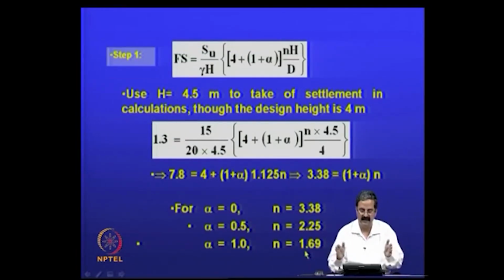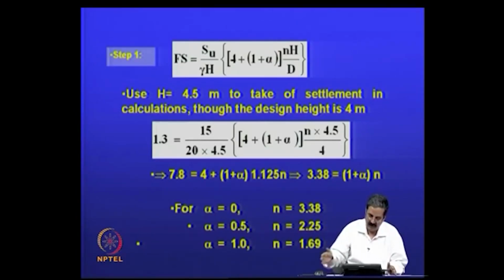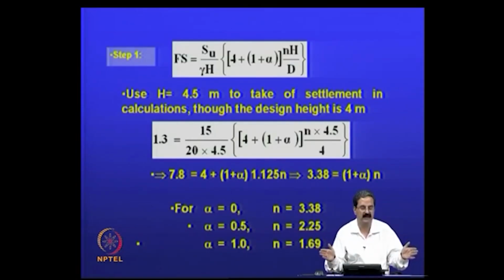At the same height, if 4 is the embankment height, 1.69 into 4 will be the horizontal width. Otherwise it is 3.38, where you need large quantities of sand or embankment material, which is going to be quite expensive in a place with soft soil, like Kerala or Andhra, for example Kakinada or Paradeep, or any of the soft soil areas.